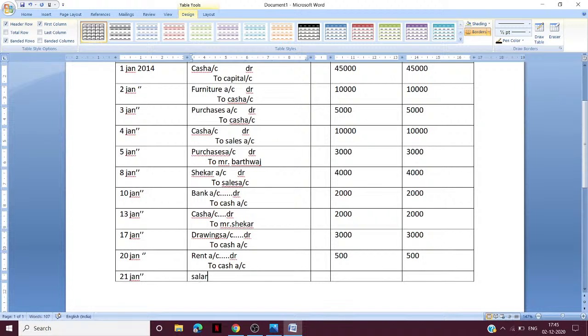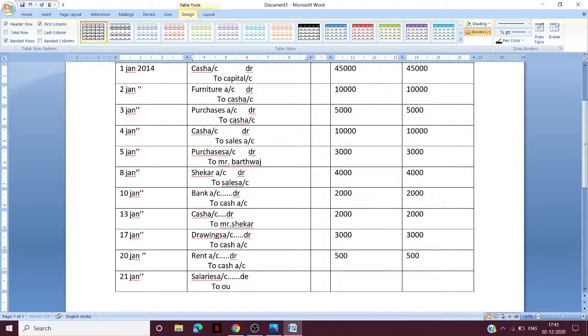Salaries are expenses, so debit the salaries to, we should write cash, but in the question they have given outstanding salaries.